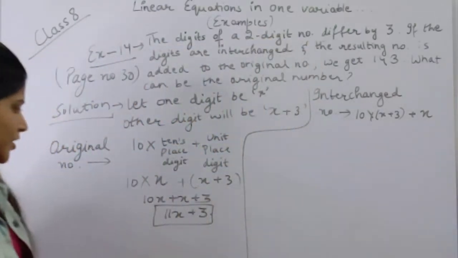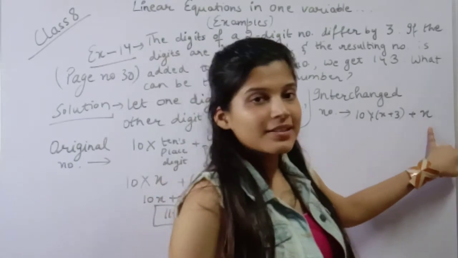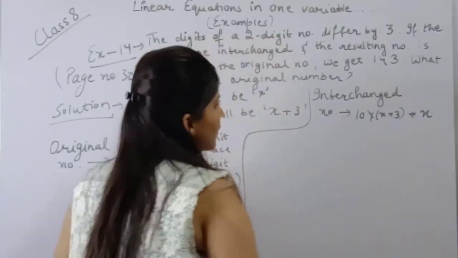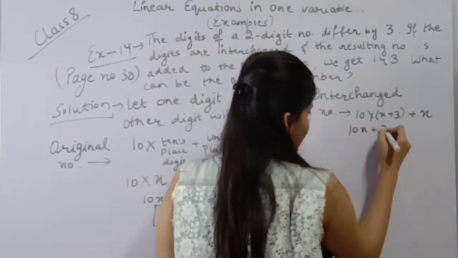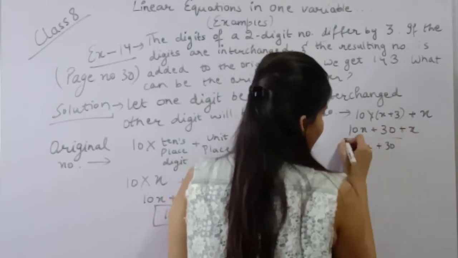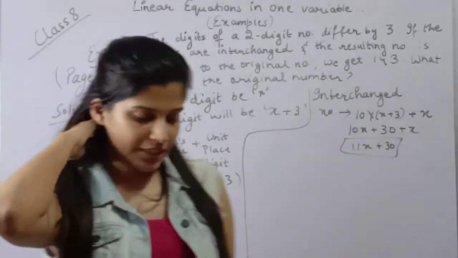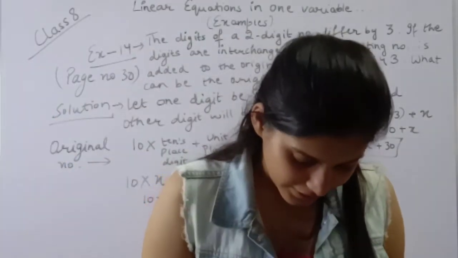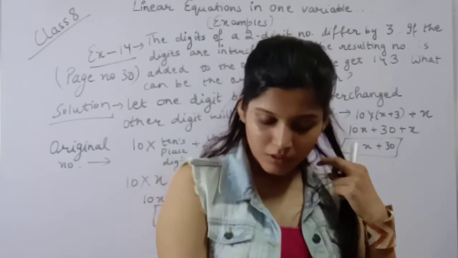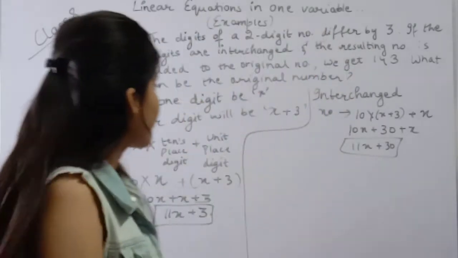First we took x in the tens place, now we are taking x in the units place. So 10x plus 30 plus x, so 11x plus 30. This is our interchanged number. 11x plus 3 is our original number and 11x plus 30 is our interchanged number.